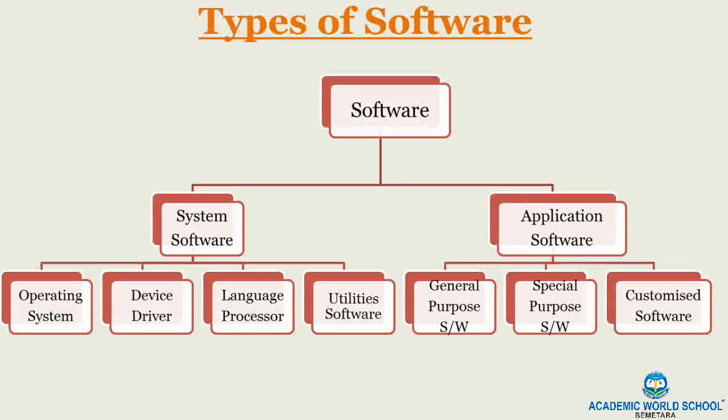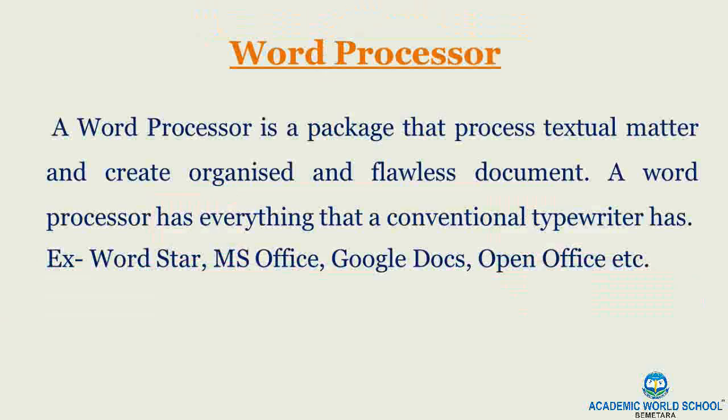Next is, what do you mean by word processor? A word processor is a package that processes textual matter and creates organized and flawless documents. The word processor is a software where you can edit, you can format, you can save your document easily. Previously you must have seen the typewriter, which was used if you wanted to write any letter.